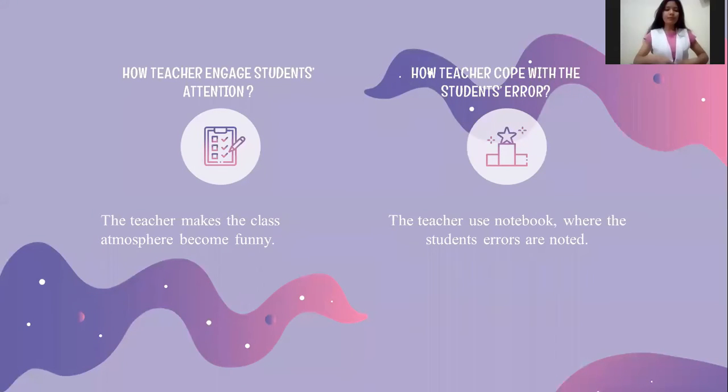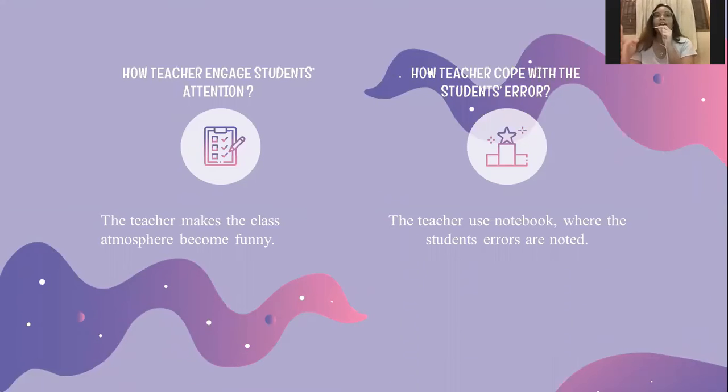So thank you, Dinar. The next slide, please. So for the next slide, we are going to talk about how the teacher engages students' attention. When you are a teacher of young learners, you have to create a fun and enjoyable classroom atmosphere because it's one of the effective ways that a teacher can do.